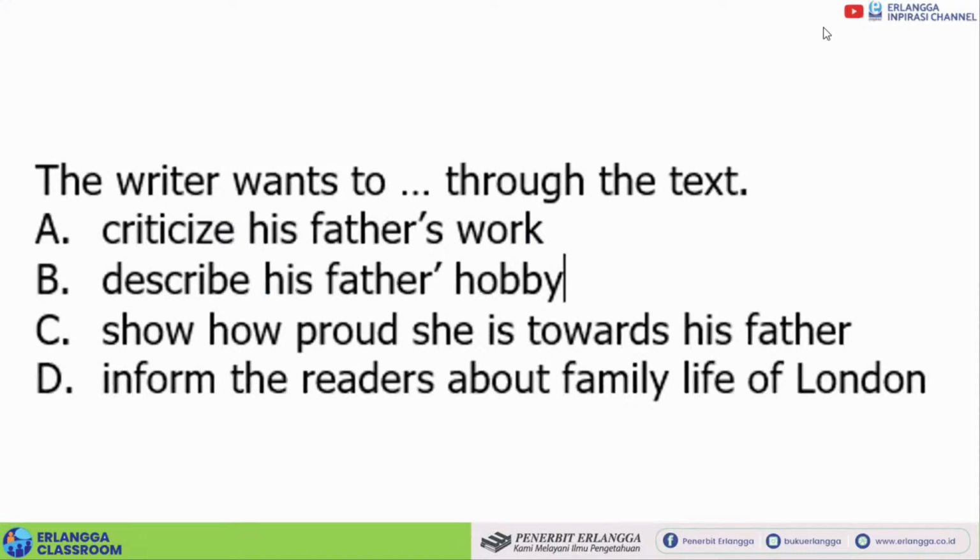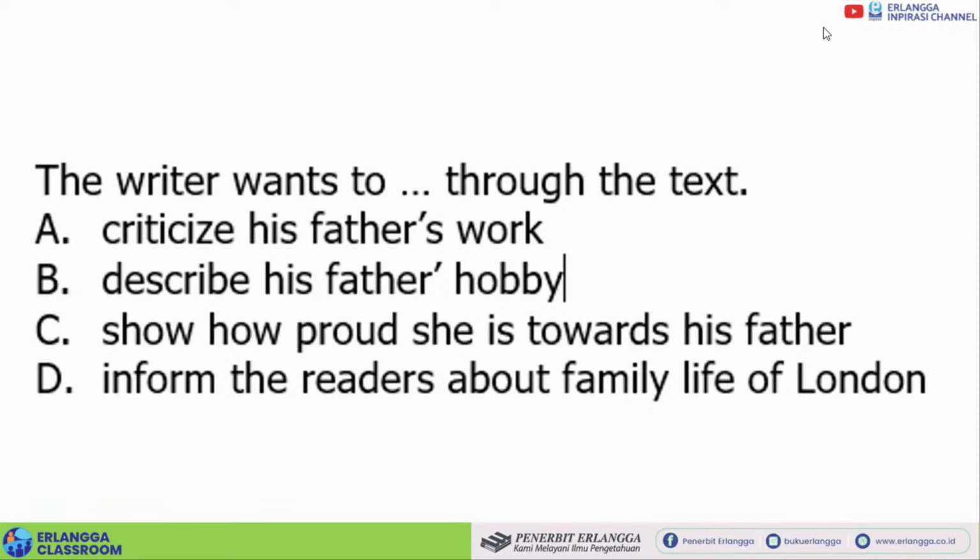I don't show you the text because I believe that the information is understandable. We have discussed the text, okay? Yeah. The writer wants blah blah blah blah through the text. Okay.